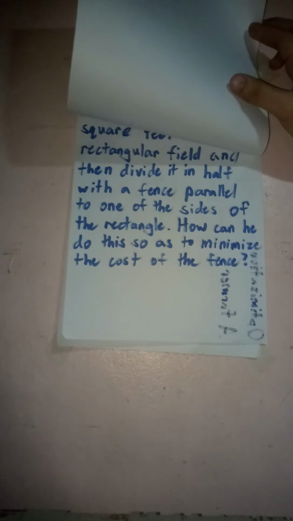Okay, so next we are going to write what is the objective function. And it is said in the question a while ago, how can he do this as to minimize the cost of the fence?